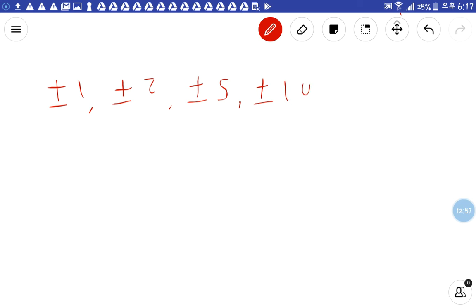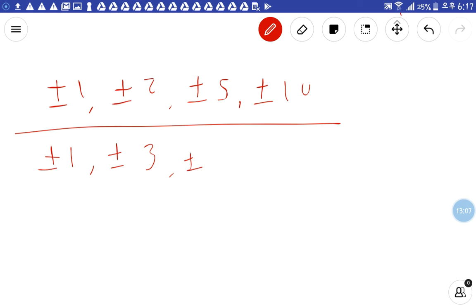What is my p again? The integer factors of our constant. So what is my constant this time? Plus or minus 1, plus or minus 2, plus or minus 5, plus or minus 10. That is going to be my factors of the constant over the factors of the leading coefficient, plus or minus 1, 3, 7, and 21.